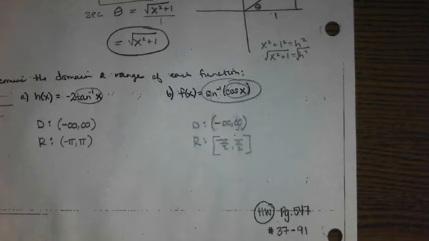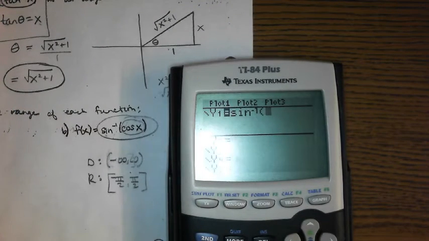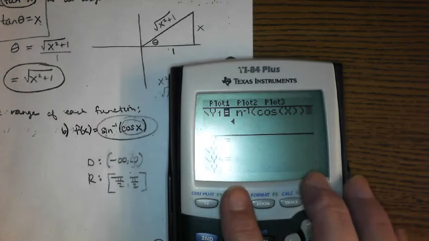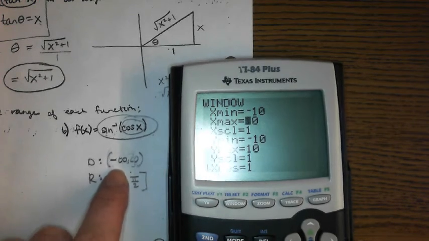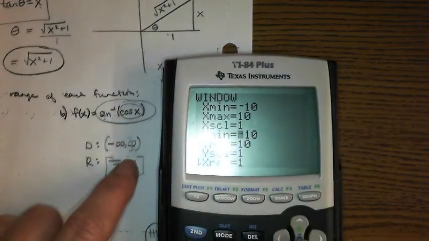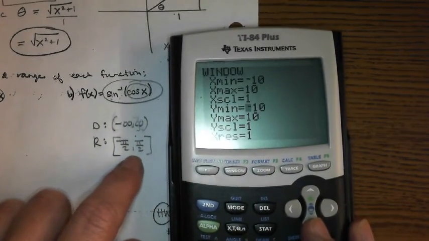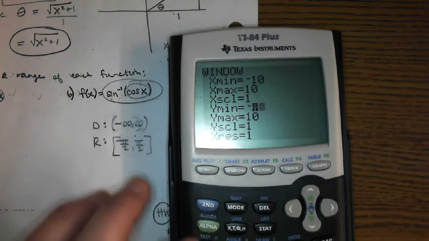Just because I'm curious, just because I want to see this graph, see what our calculator does with it. Inverse sine of the cosine of x. What window should I do? Well, since you told me my domain was negative infinity to infinity, I'll go negative 10 to 10. Since my range you told me was negative pi over 2 to pi over 2, I'm going to go negative pi to pi.